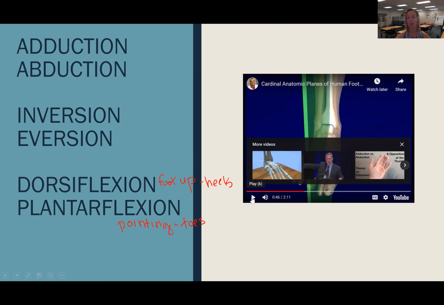So eversion is where your pinky toe moves up. Pinky toe up. And inversion is where big toe is down.